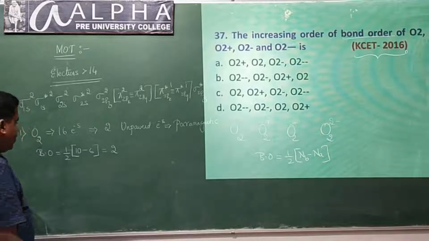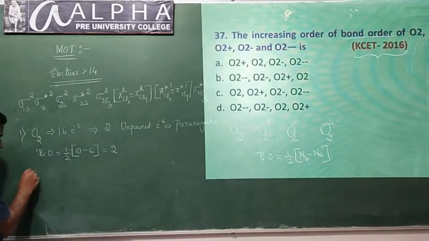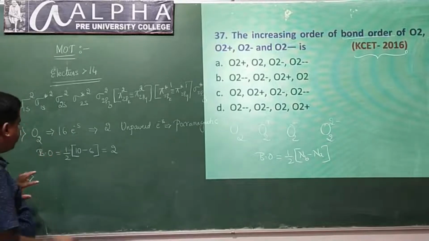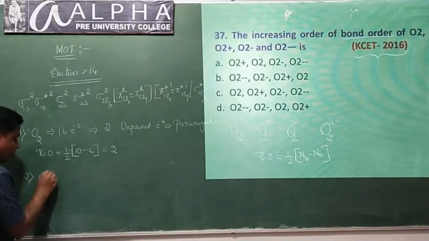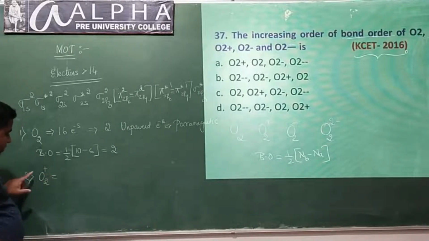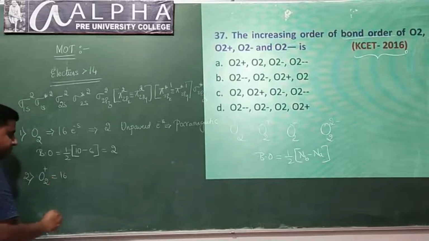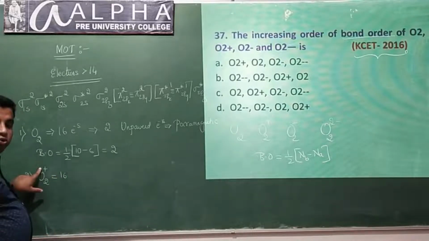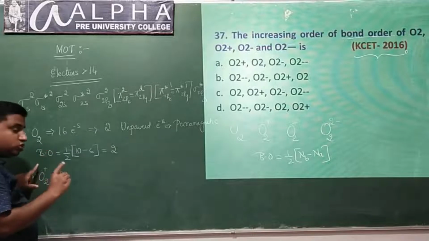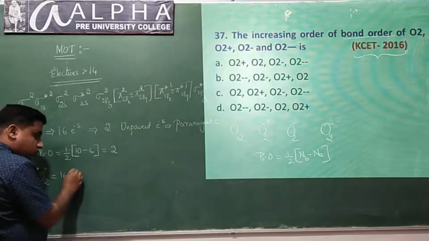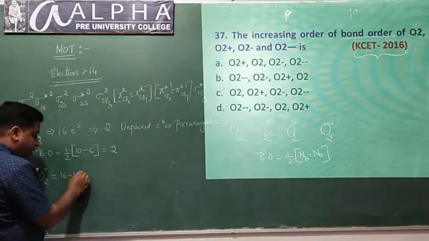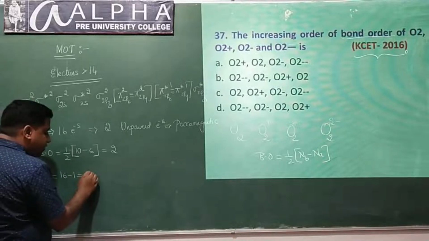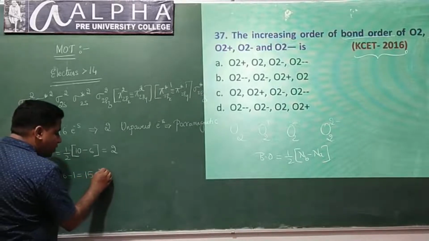Okay, next students, O2 plus. How many electrons are there? 8 plus 8, 16 electrons, but there is one positive charge. If there is a positive charge, you have to subtract that charge from the total number of electrons. So 16 minus 1 is 15 electrons altogether.